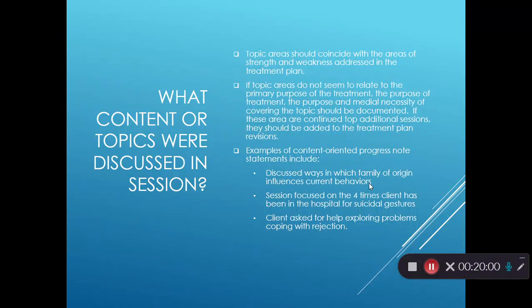For example, session focused on the four times the client has been hospitalized for suicidal gestures. You don't have to talk about everything the client talked about. You have to put in summaries of the context of the conversation. So you don't have to go through and say the first one, this, and the second one, that. You're just saying that's what the session focus was on, and those generalizable statements allow you to have content without having to write every single thing the client says. You want those generalized statements.